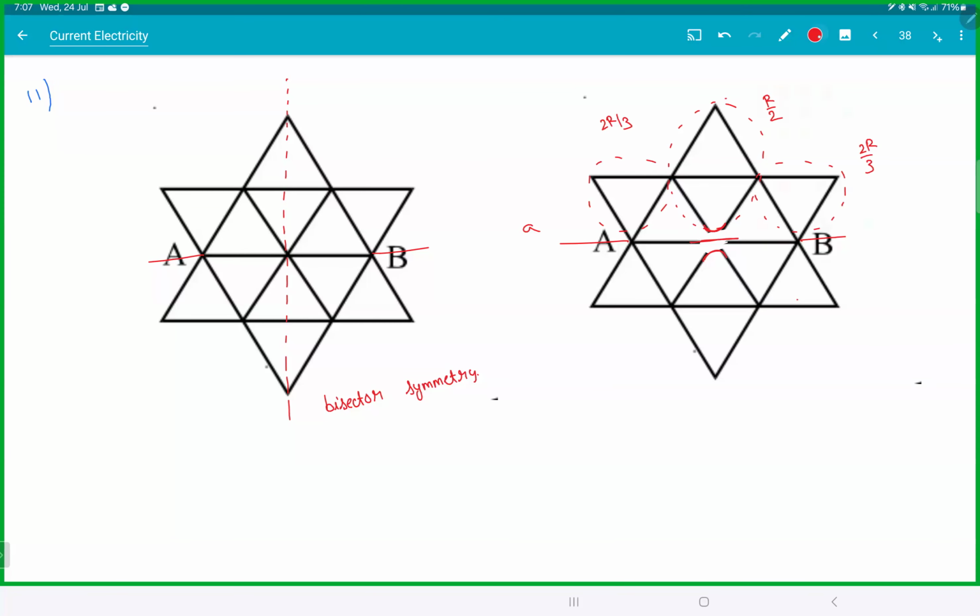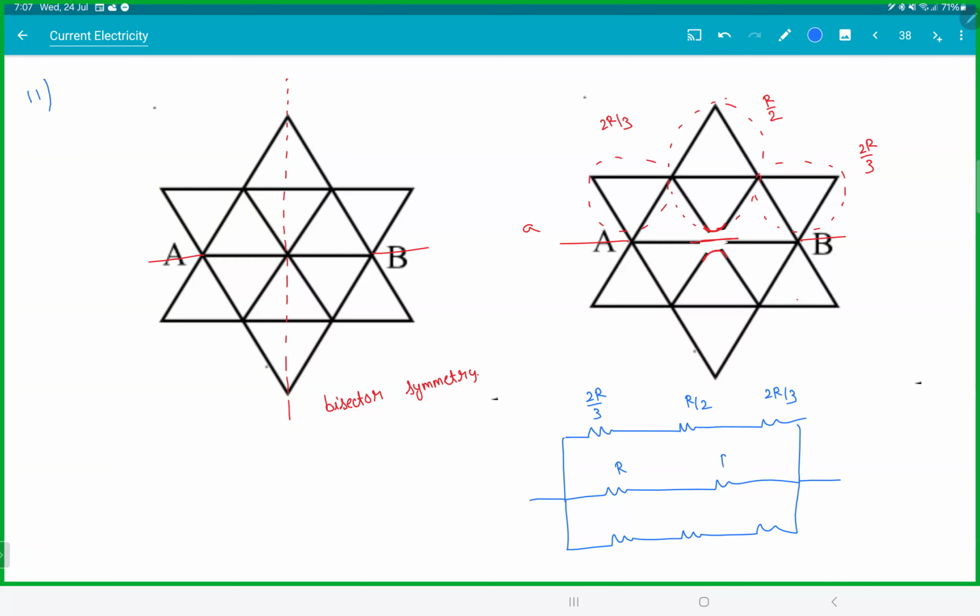So if I just redraw this circuit again, this is how it would look. This is 2r by 3, r by 2, 2r by 3.